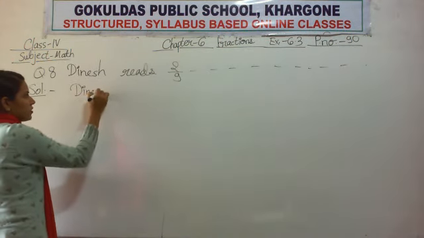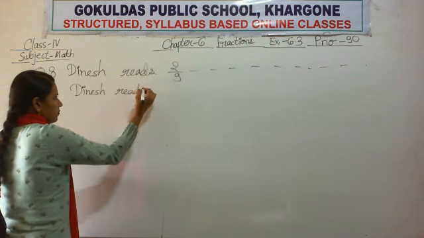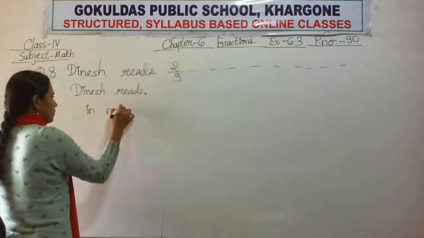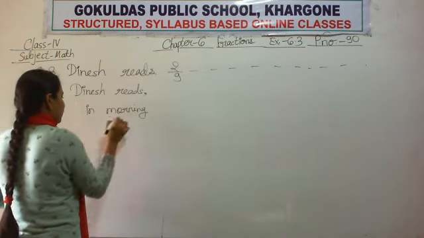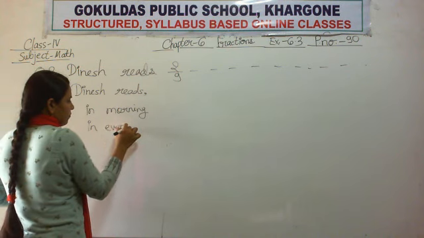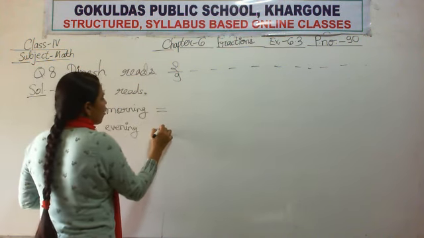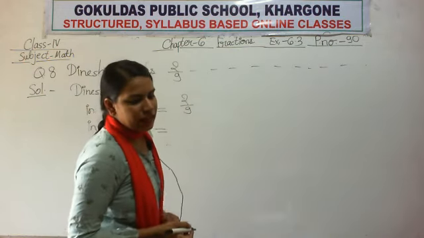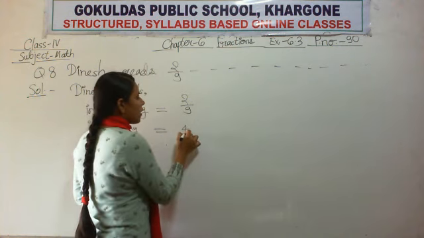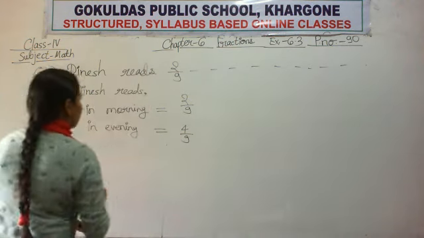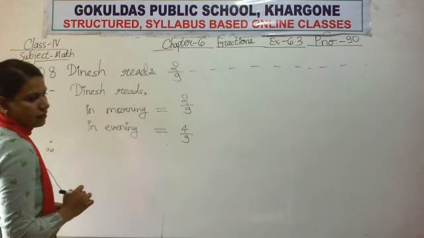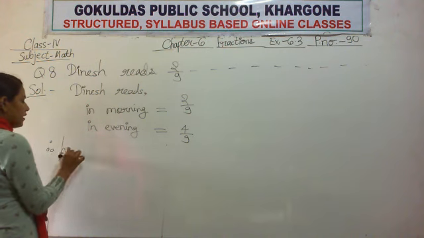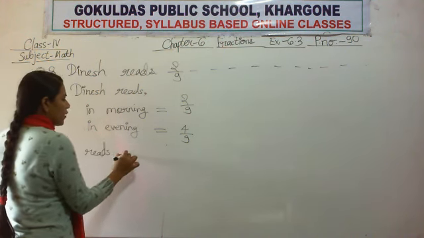So Dinesh reads in the morning, in the evening. In the morning, how much does he read? He reads 2 upon 9 of a book. And in the evening, he reads 4 upon 9 part of the book. Okay? Therefore, he reads altogether.